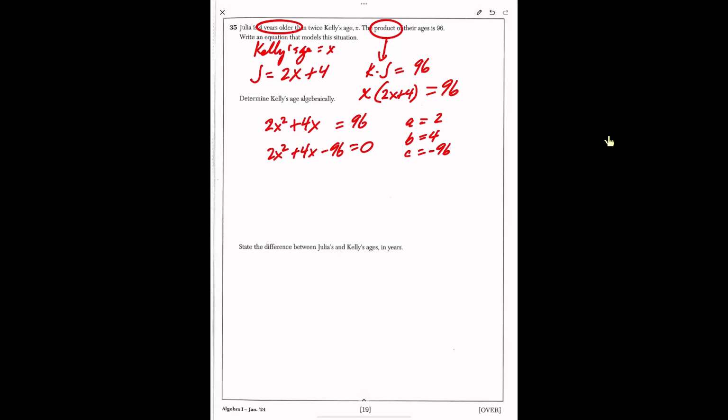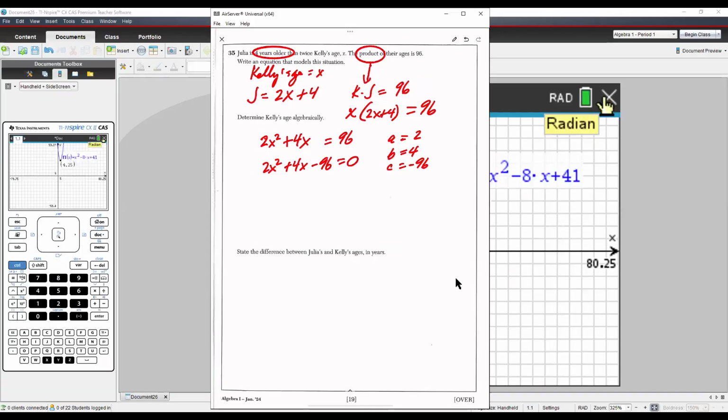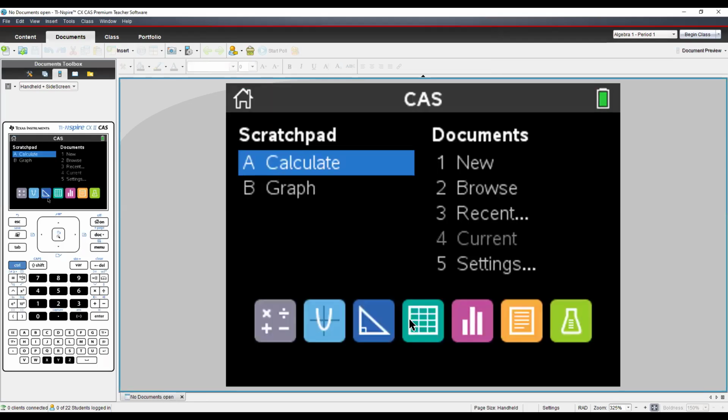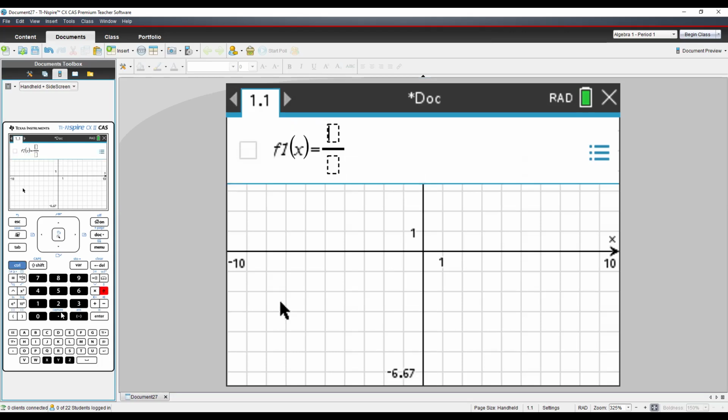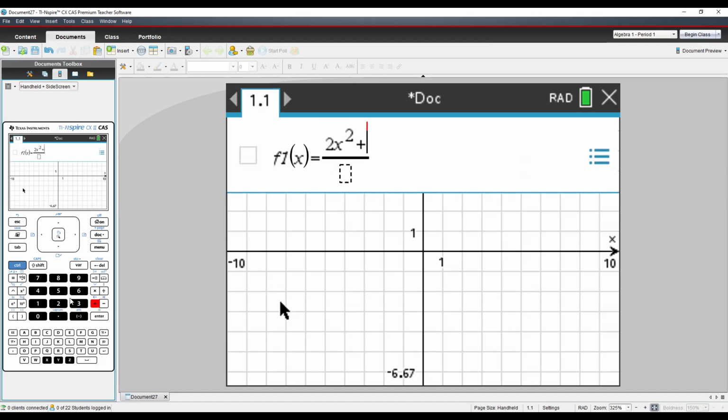So let's go. I'm going to graph this. So let me come here, get rid of this one, and then let's graph this. I'm going to do a stack fraction. So control divide, since the leading coefficient is not a 1. So it's going to be 2x squared plus 4x minus 96, and then down here, I'm going to divide by 2.